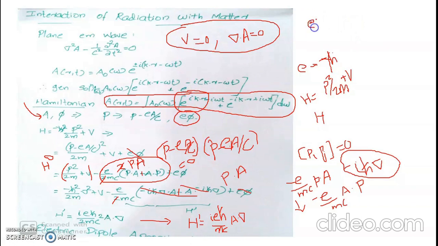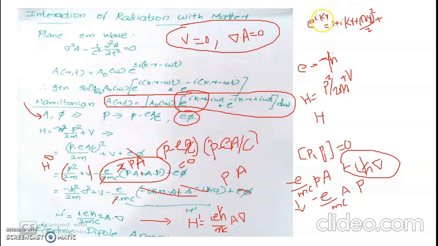e raised to i k dot r, of course, will be having an expansion for this exponential term, which is e raised to x is 1 plus x plus x square over 2 factorial plus etc. So this will be 1 plus i k r plus i k r whole square by 2 factorial plus etc. So this is an exponential series in terms of k r or i k r.